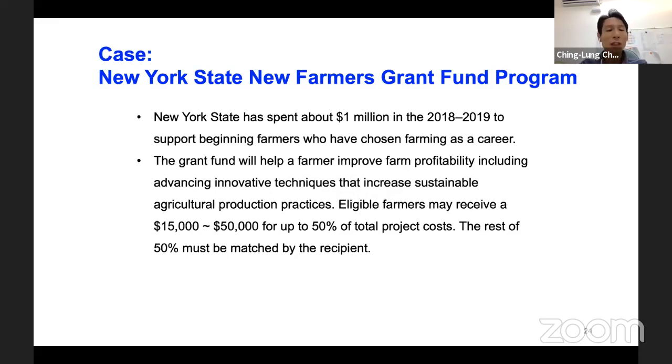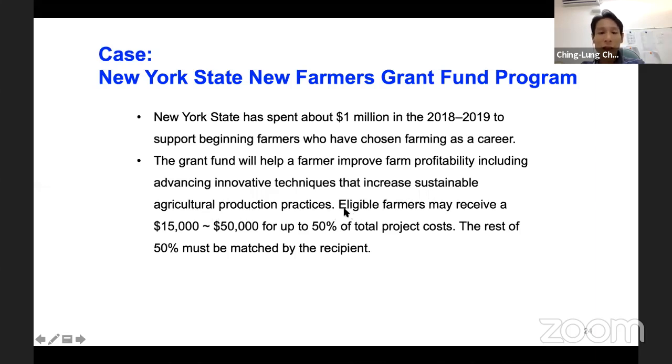So in New York State, it has spent about 1 million in 2018 to 2019 to support beginning farmers who have chosen farming as a career. And this grant fund will help a farmer improve their farm performance, including advancing innovative technology that increases sustainable agricultural production practice.